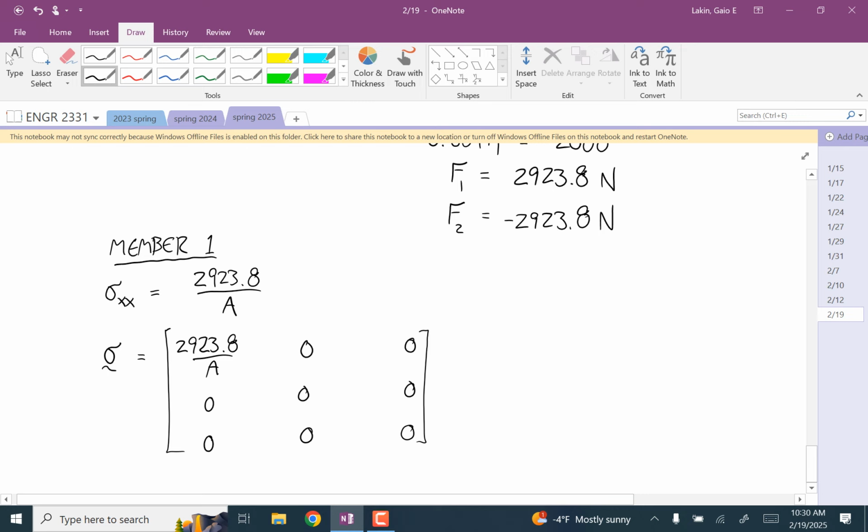And in order to come up with an expression for the maximum shear stress, we need a principal stress tensor. How hard is it to get a principal stress tensor from this? Super easy. Yes, exactly. This is already a principal stress tensor.